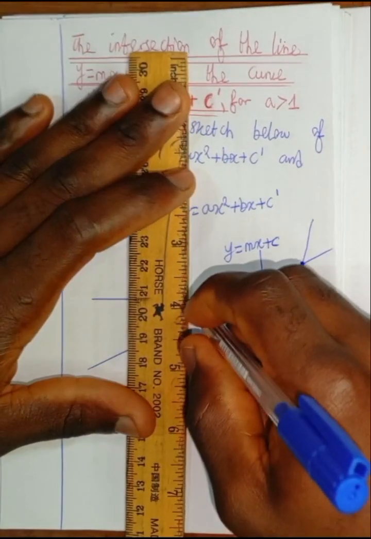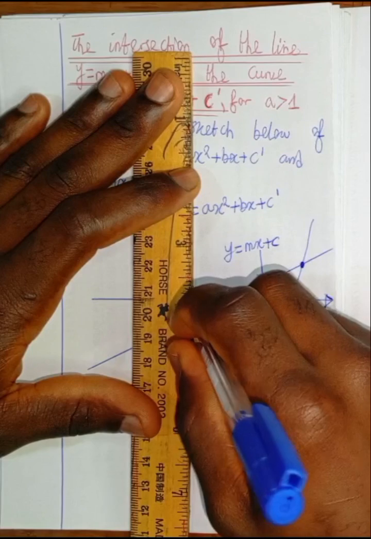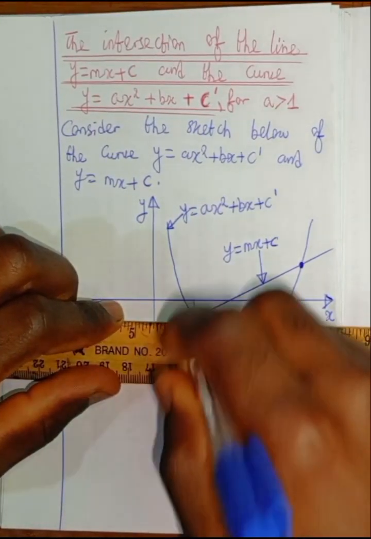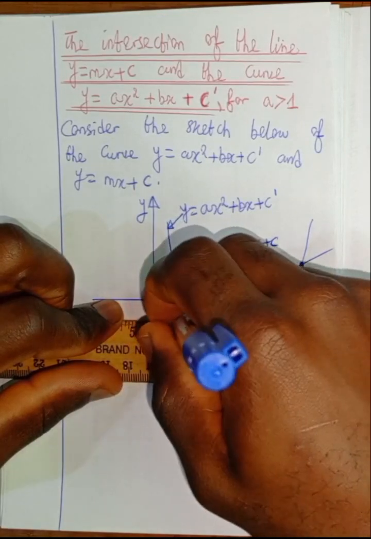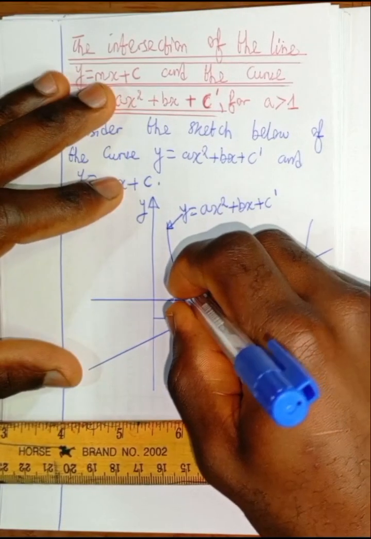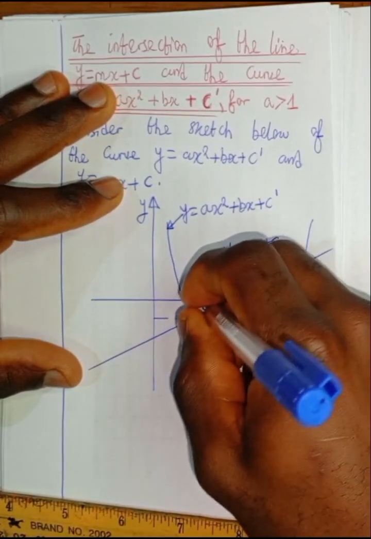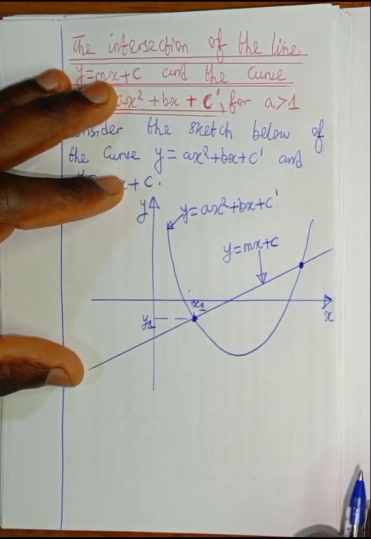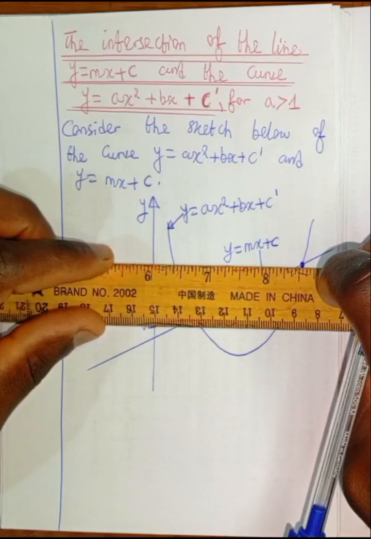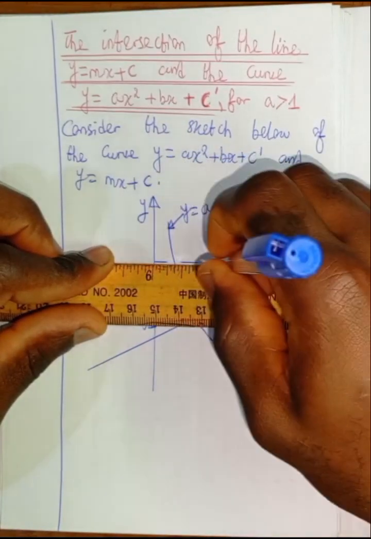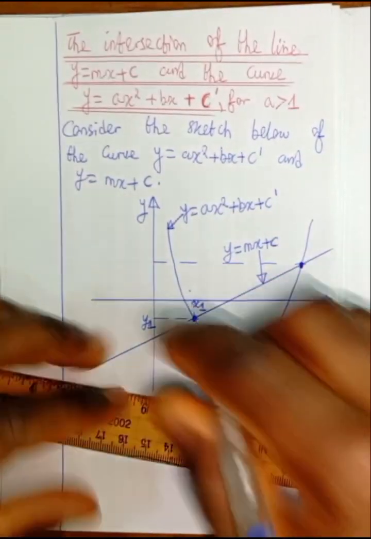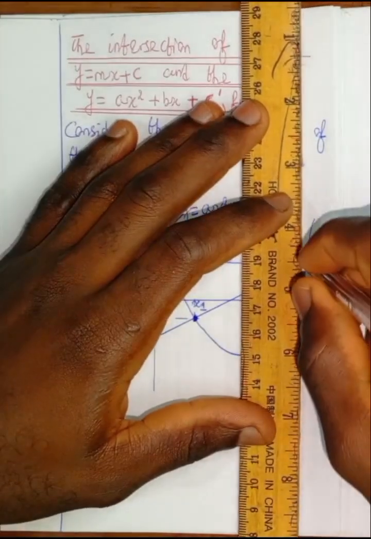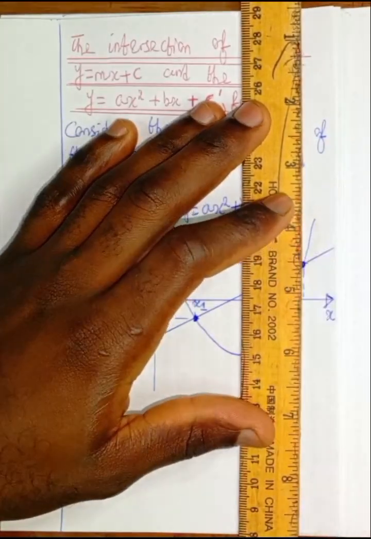I'll just trace out the coordinates. The x and y coordinates at the point where they meet. At this point, x is x1. Here, y is y1. Y here is y2. The x coordinate is x2.